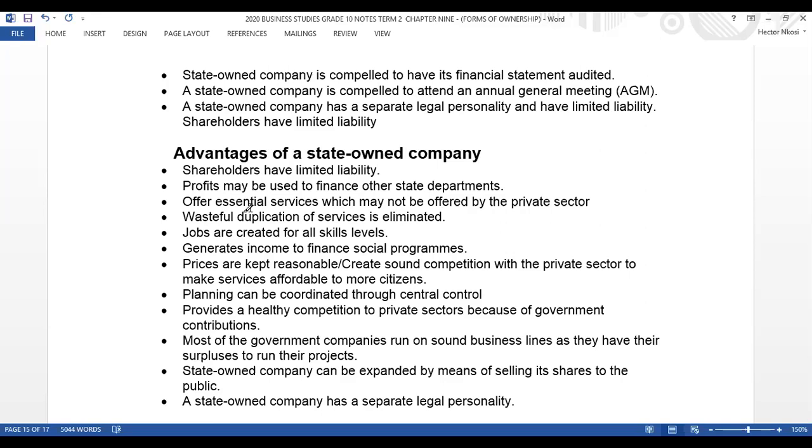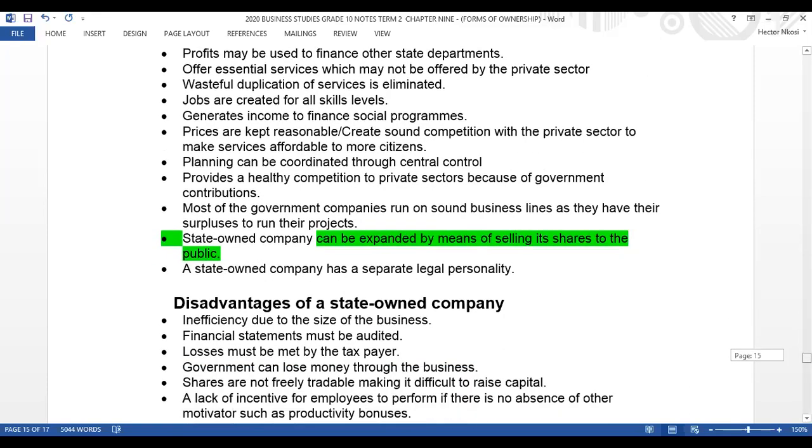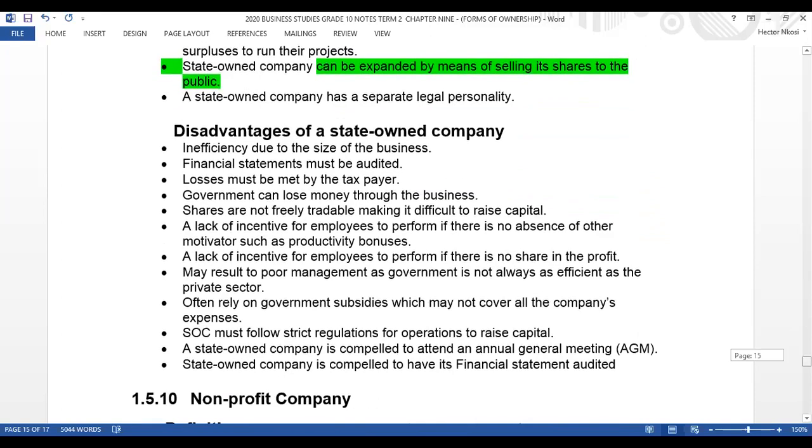We also know that a state-owned company can be expanded by means of selling shares to the public, right? So it can be expanded. So can you see? It's the same principle as your public company, basically. A state-owned company is a separate legal personality, right? Now, let's look at the bad things when it comes to your state-owned companies.